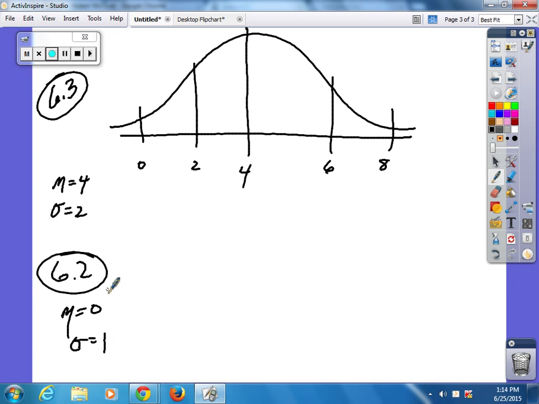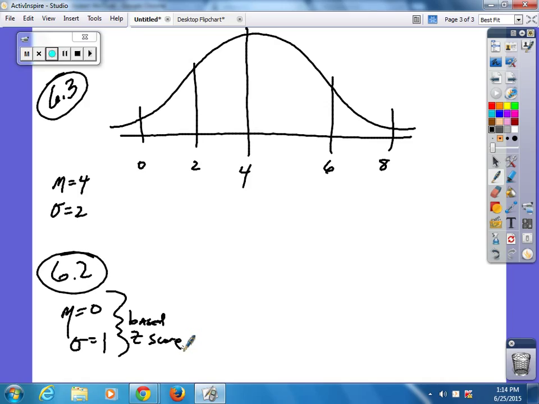Why? Because in 6.2, everything is going to be based on z-score. That's basically two standard deviations, or two z-scores to the right, and two z-scores to the left.